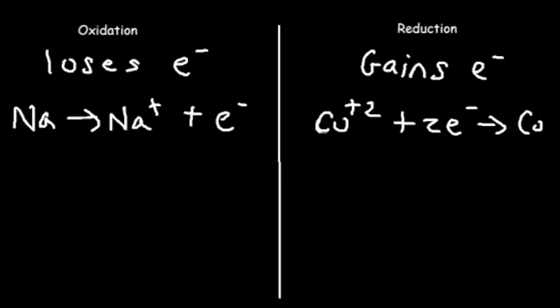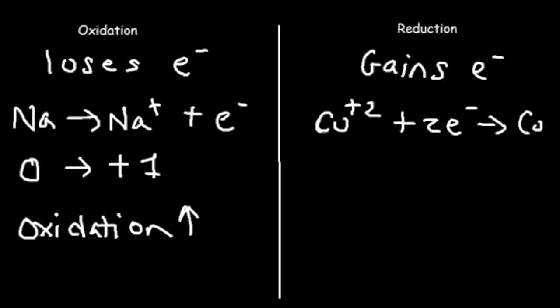Now, let's consider the oxidation numbers. The oxidation number for pure elemental metallic sodium, for any pure element, is always 0. The sodium ion has a +1 charge, so its oxidation number is 1. Anytime the oxidation number increases, the substance is oxidized.